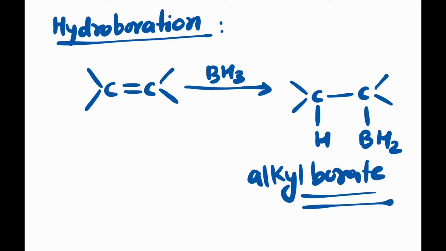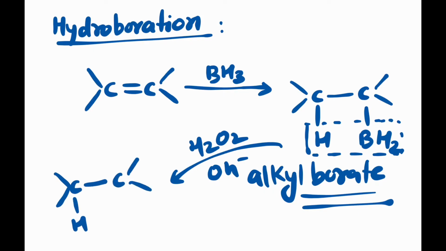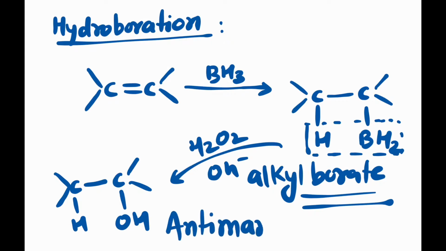It's a syn addition, that H and BH2 both are getting added from the same side. Then it is further treated with H2O2 and OH minus. So BH2 will be replaced by OH, and we have alcohol as the final product. And this follows anti-Markovnikov addition.